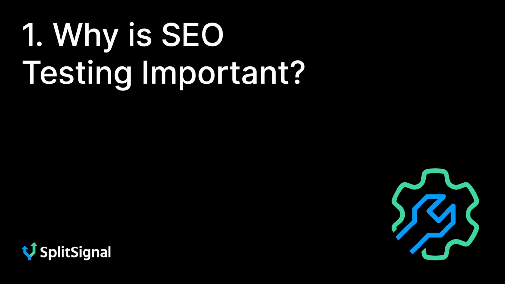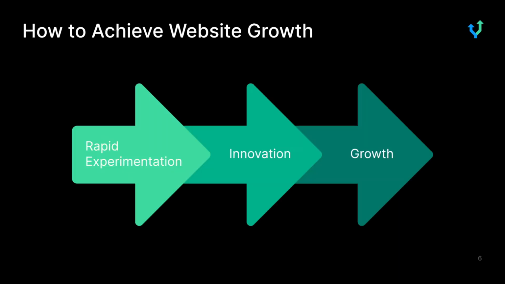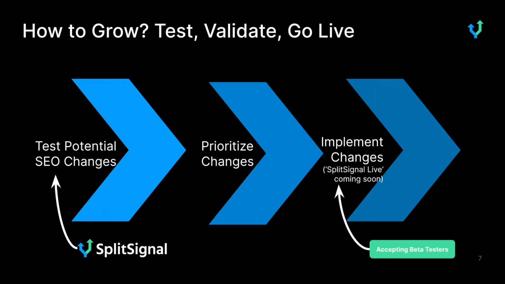Let's talk about why SEO testing is important for those who are not sure how to potentially pitch this to their bosses. In its simplest forms, the best way to achieve website growth is through innovation, and the only way to innovate is through rapid experimentation. Historically, experimenting through technical SEO has been a real challenge for enterprise SEOs.